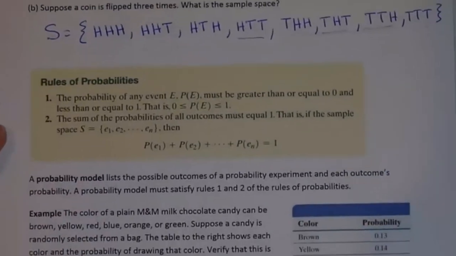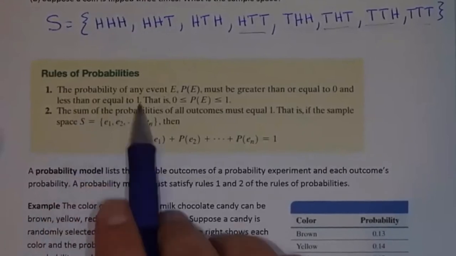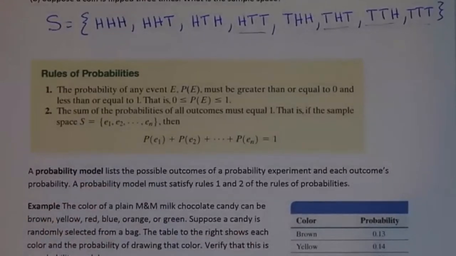Probability rules. Now we're going to have a lot of probability rules, but there's 2 sort of basic ones that we start with. The first probability rule is that a probability has to be between 0 and 1 inclusive. So a probability could be 0, a probability could be 1, or a probability could be anything between 0 and 1, but it cannot be anything outside of the range between 0 and 1.